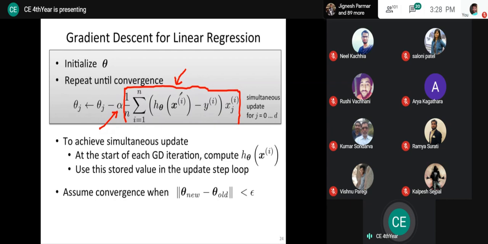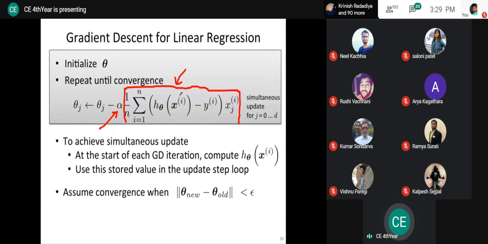The answer to that question is that the gradient just gives you the direction. In this particular direction, you may find the global minimum. But in that direction, what should your step be, or how far do you want to go in that direction? That value is controlled by alpha. So if you set alpha equal to 1, that means whatever the direction value given by the gradient, I want to update the theta value exactly by that.